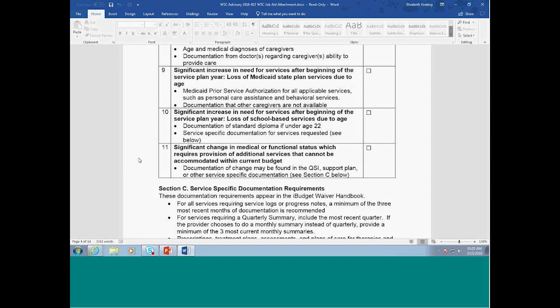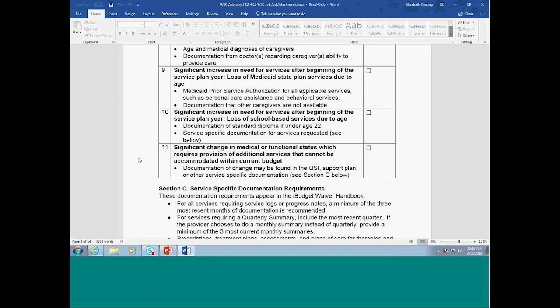So if they're getting personal care assistance through Medicaid, or they're getting behavior services, then provide that documentation so that we know what was provided by Medicaid state plan. And again, you have to document that there's no other natural supports or caregivers available to provide the care.